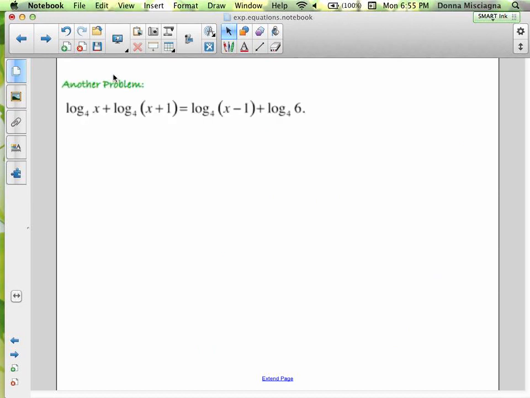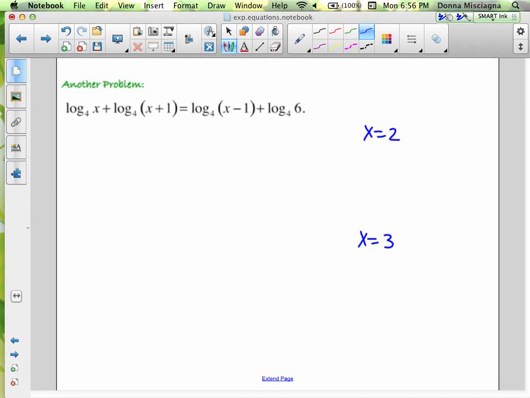Okay. Our two answers were 2 and 3. Let's check them both out. So we have log base 4 of 2 plus log base 4 of 2 plus 1 equals log base 4 of 2 minus 1 plus log base 4 of 6.